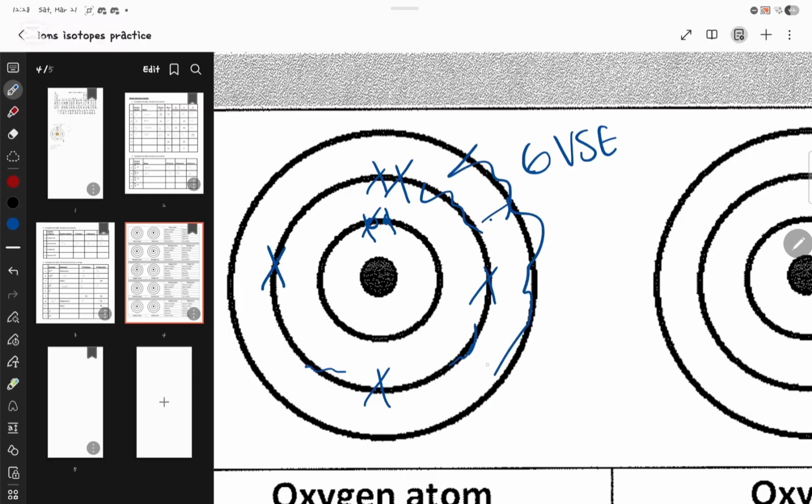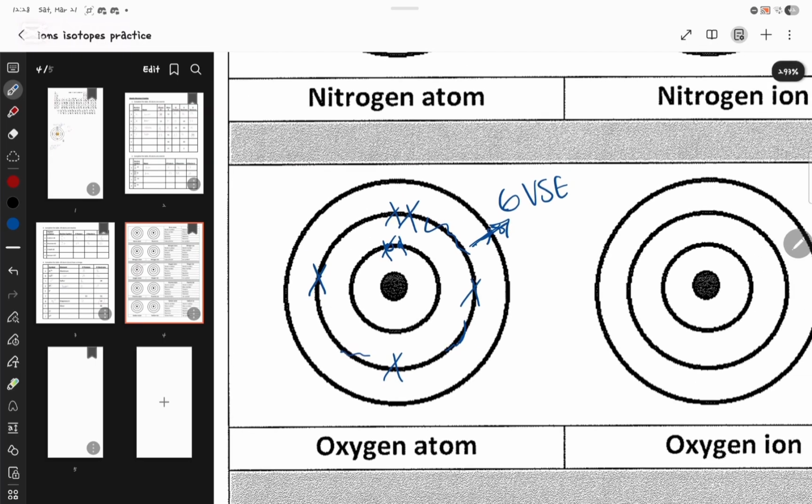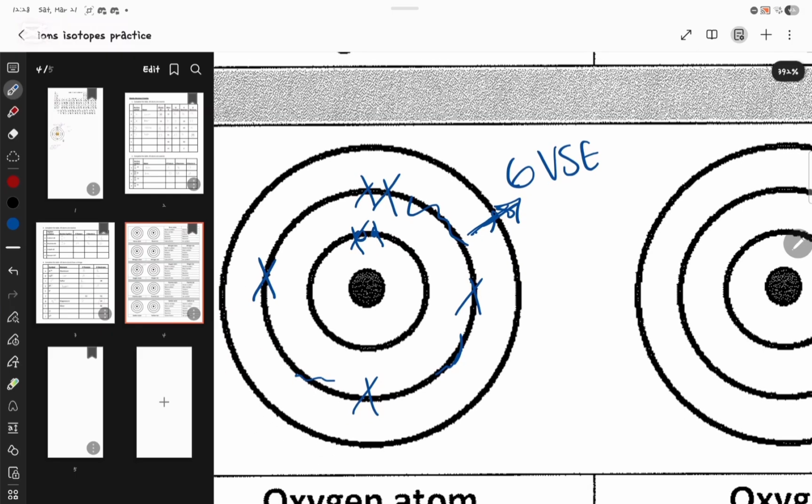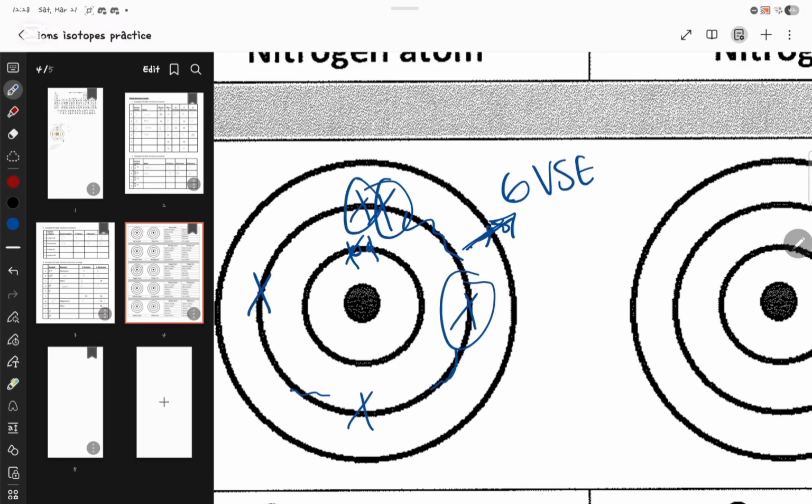So now, for a normal oxygen atom, it will only have 6 valence shell electrons. So my question is, would it rather lose 6 valence shell electrons, or gain 2 to obtain an octet, to obtain 8 valence shell electrons?